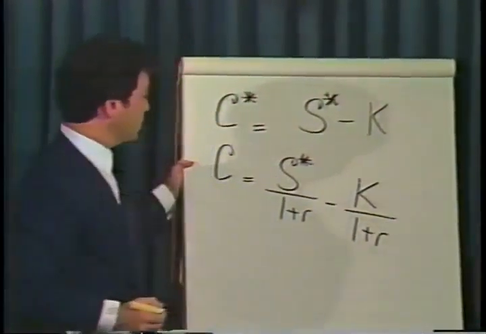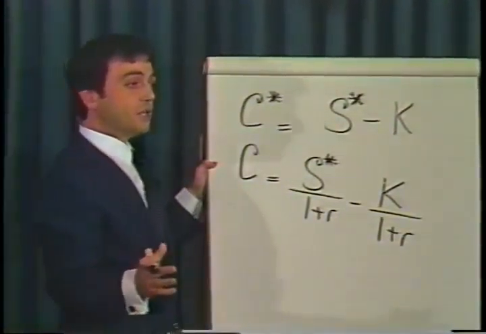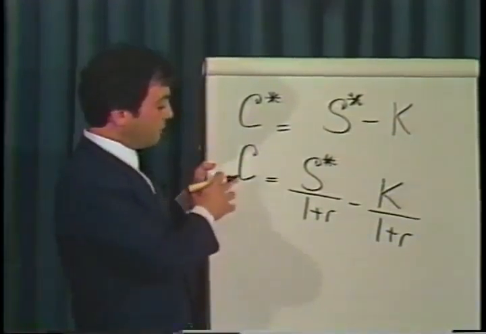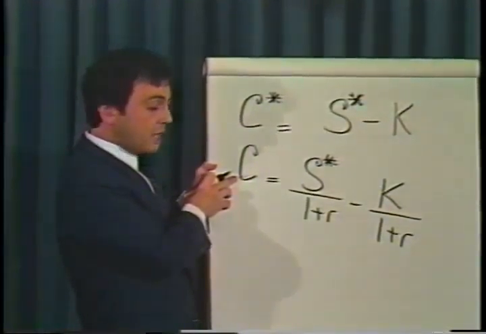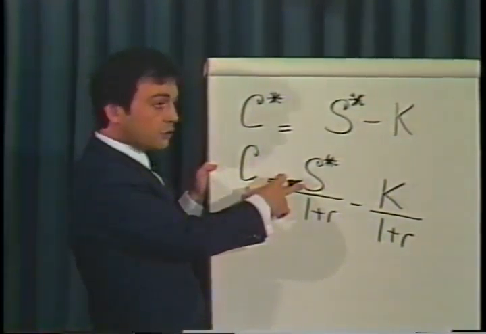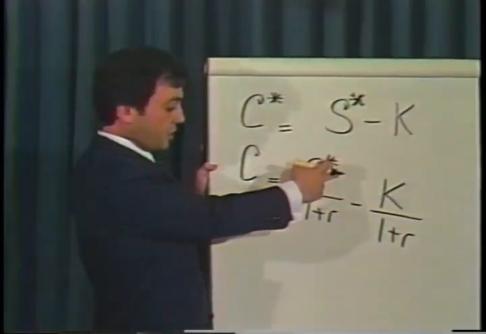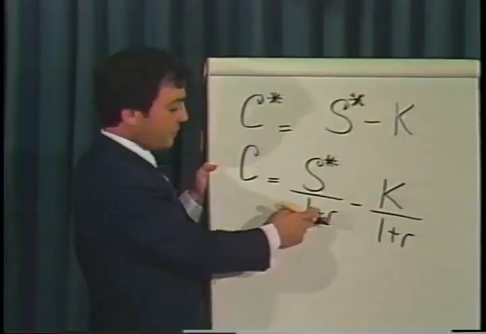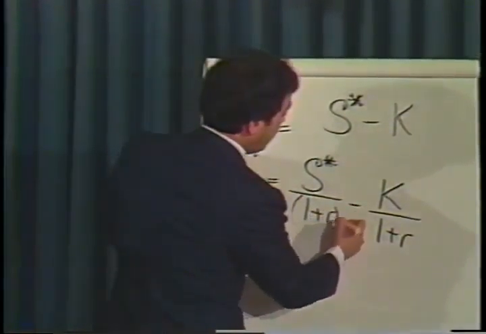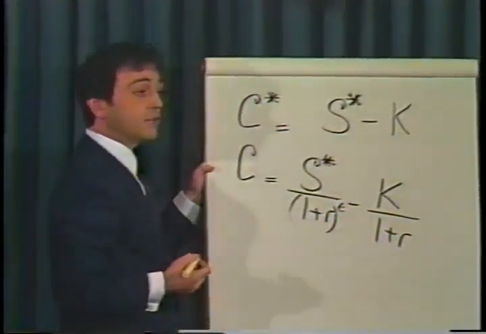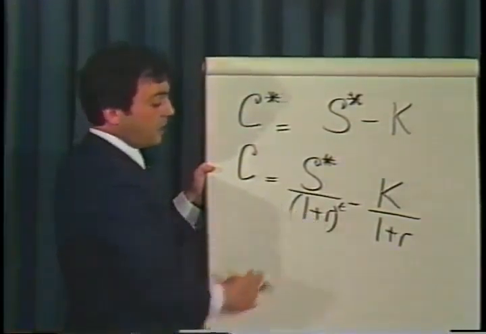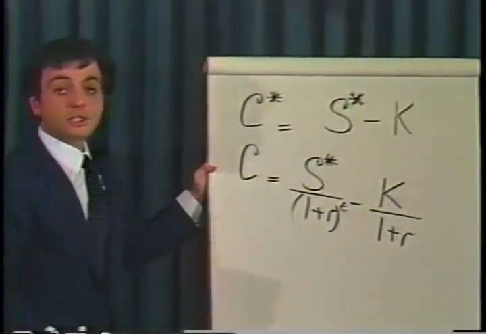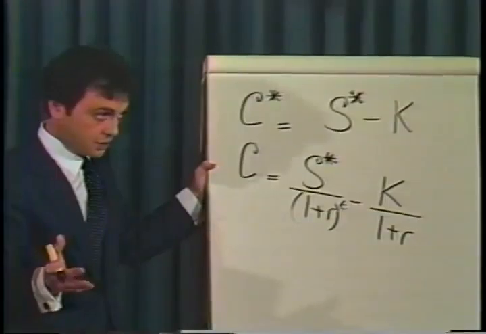All right? So is everybody with me? In a deterministic world, the value of the call option today would be the present value of the stock at maturity, discounted, right? But we have to be careful. I assumed here it's only 1 year, so I have to say 1 plus R to the T, where R is the annualized interest rate, and T is the time to maturity in years.